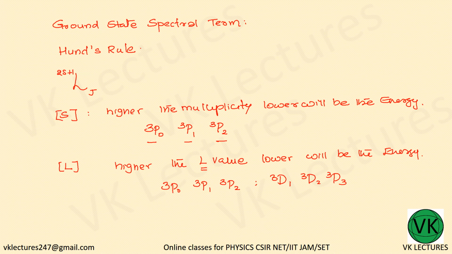Now here we see that the L values are the same, so here we have the condition that the higher the L value, the lower is the energy. So somewhere here 3D1, 3D2 or 3D3 is the answer. Now in this 3D1, 3D2 or 3D3, which is the correct answer?